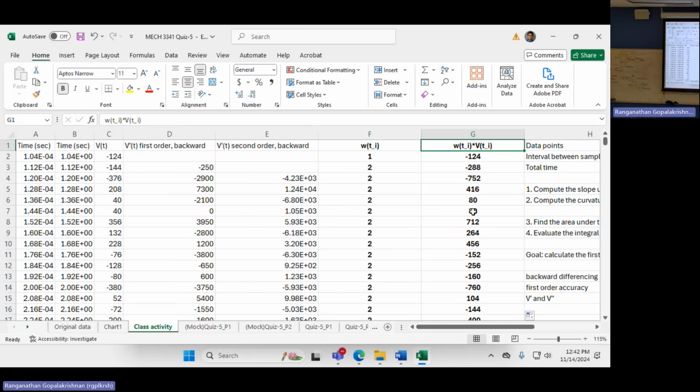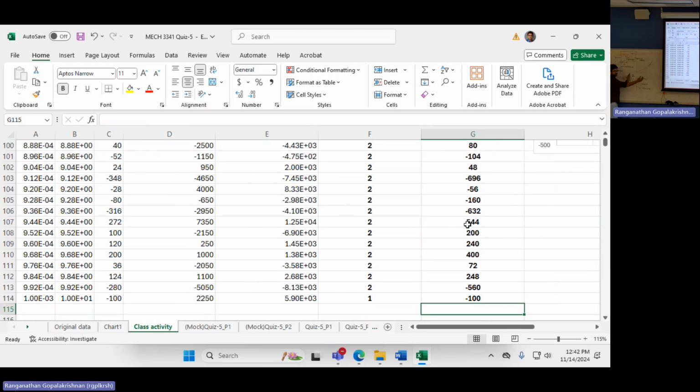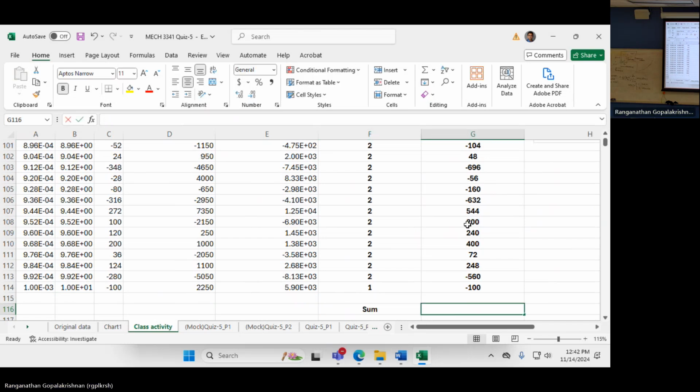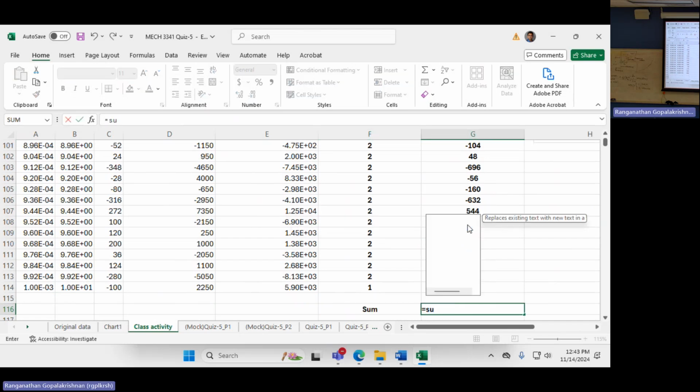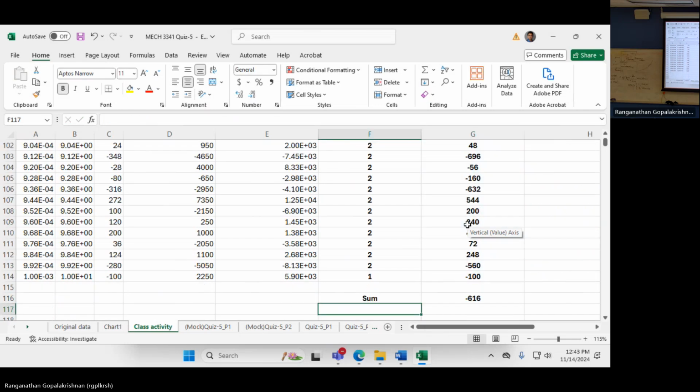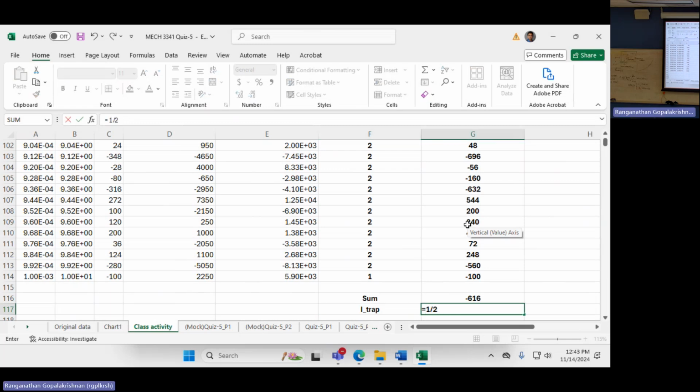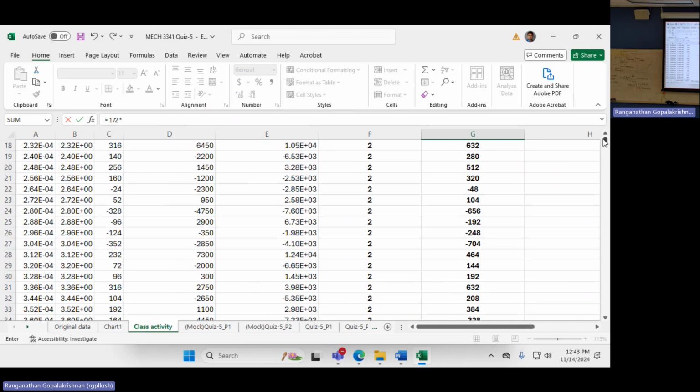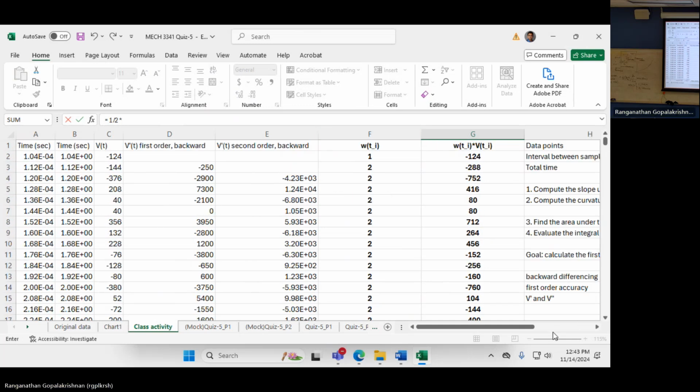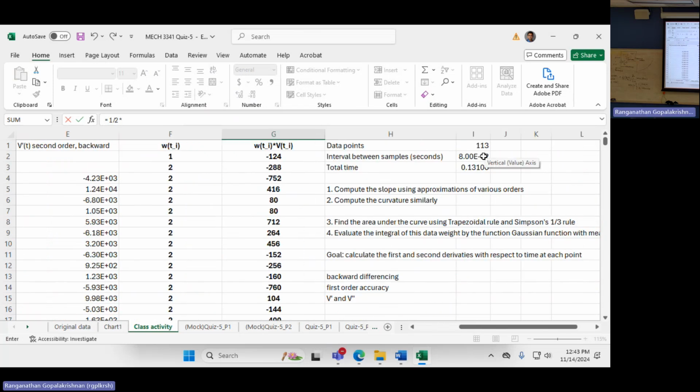What's the next step? It will be to get the sum, right? Get the sum first. So the sum is equal to the sum of this column, 616, and then the trapezoidal rule is going to be 1/2 times the step length. What is the step length? I have it up here, 0.08, times the sum.